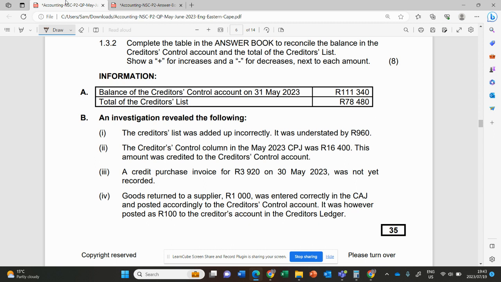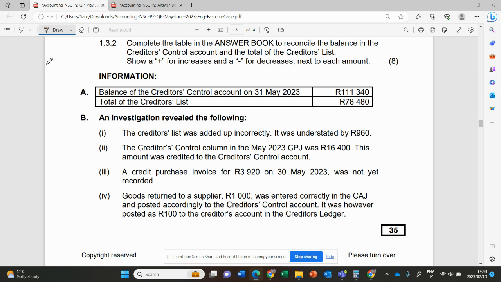That was the first transaction. The second transaction was saying the creditors control column in May 2023 CPJ was 16,400. This amount was credited to the creditors control account. So what are they saying here?